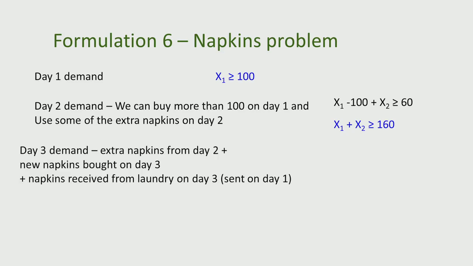Now, the third day we have to meet the demand, and we can do it in 3 ways. One is, if we could carry some extra new napkins which have not been used at the end of second day, we can buy some new napkins on the third day, and some napkins that we have put to the laundry at the end of the first day are going to come back as usable napkins, and therefore, there are 3 ways in which we could meet the demand of day 3.